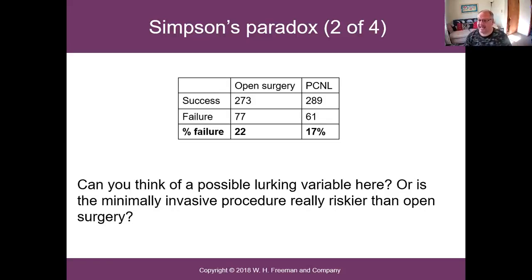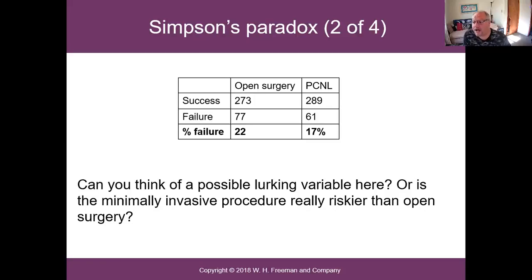And why is that? Well, if you look very closely, you'll see that there were a little bit more people that had a success in PCNL than there were people that had a success in open surgery. Likewise, the failure on the left is bigger, whereas the failure on the right is actually smaller. And it doesn't really make much sense, because in one way it's this way and in the other way it's that way.